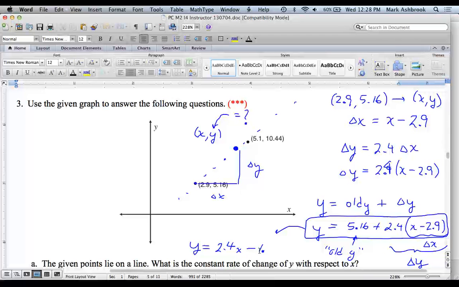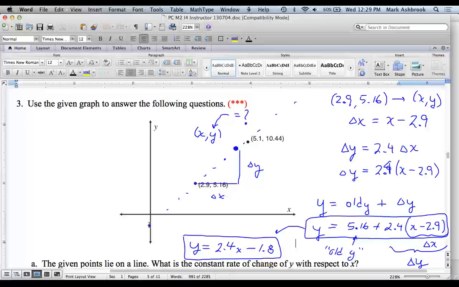So minus 1.8. And you all know what that minus 1.8 means. What is that minus 1.8? Okay, if x were 0, you get this value of y, negative 1.8. So coming down here, it's like this.